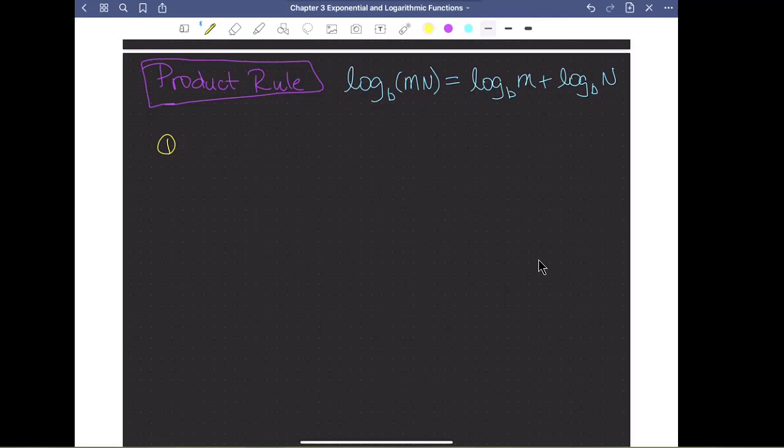And this works the same with natural logs. So if we had the natural log of m times n, that's just going to be the natural log of m plus the natural log of n, which is log base e, right? If you want to write it out that way, you could even write it out that way.